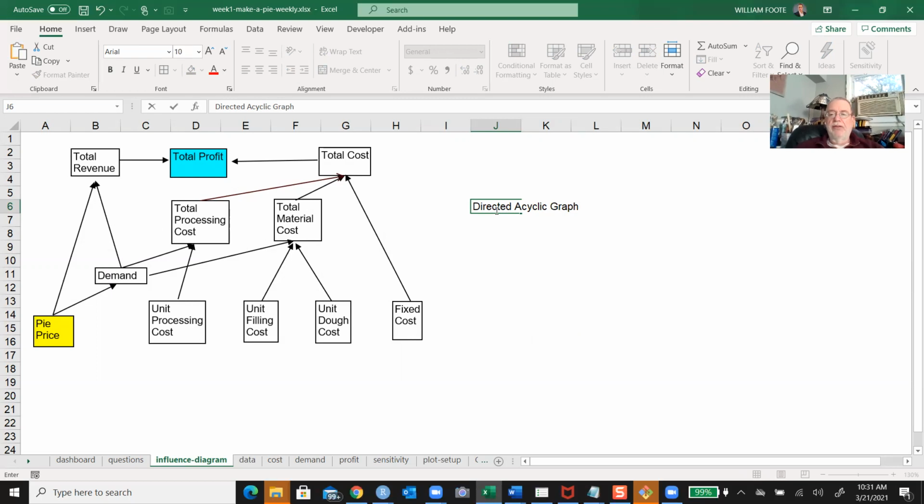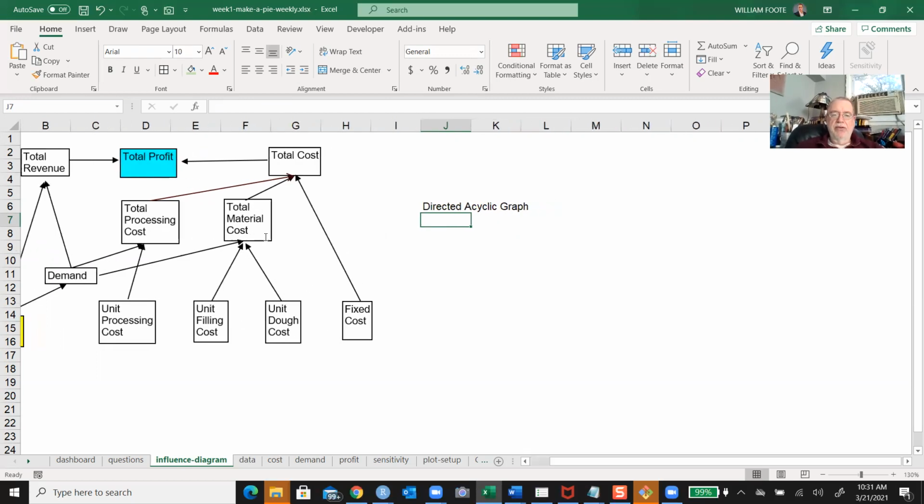And all graphs have nodes. Here's a node, and edges. Here's the edge. The arrow is called an edge. A vertex and an edge is the other classification of it.